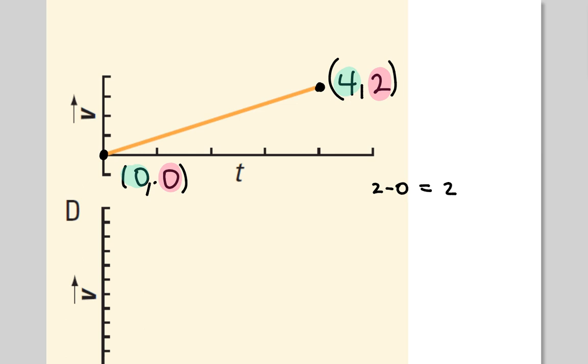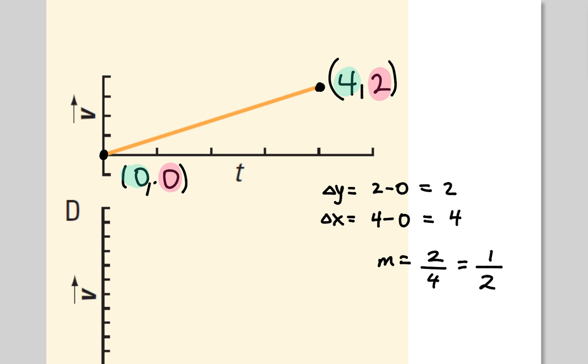So how much did the x change in the blue highlight? 4 minus 0 is 4. Okay, so for the red highlight, that's delta y. Do you agree? And for the blue highlight, that's delta x. So delta y over delta x would be 2 over 4, which is the same as 1/2.